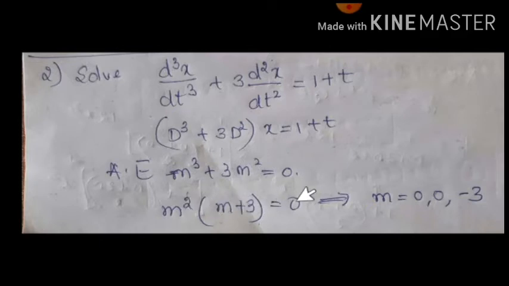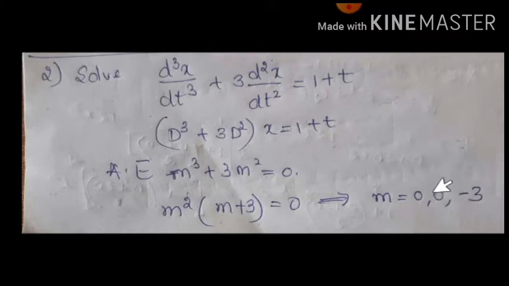It means m square equal to 0, so two values of m will be 0. So m equal to 0, 0. Those are the two roots of the auxiliary equation. One more root is m equal to minus 3. So these three are the roots of the given cubic equation.